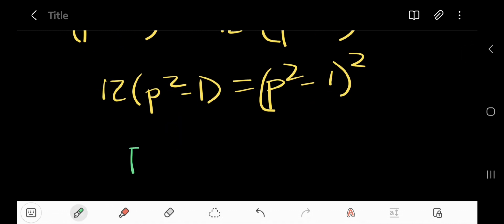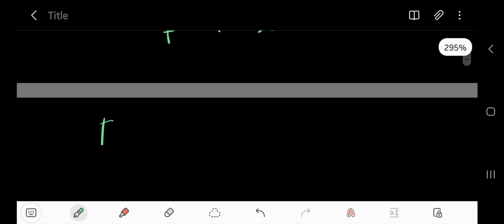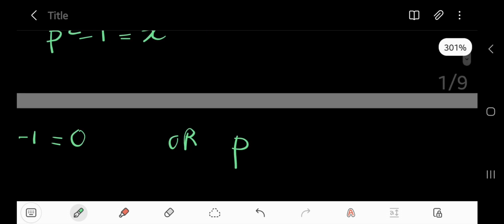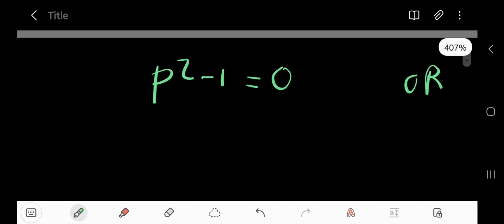So it means that p squared minus 1 is equal to x. But remember, for x we had two solutions. So this therefore means that p squared minus 1 is equal to 0, or p squared minus 1 is equal to 12. Let's solve for this. This is a difference of two squares.